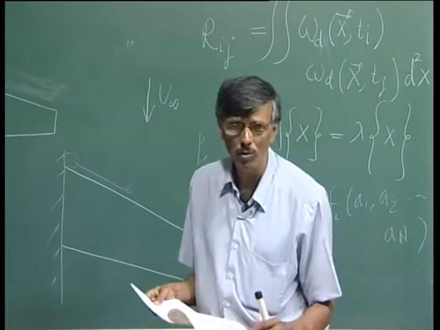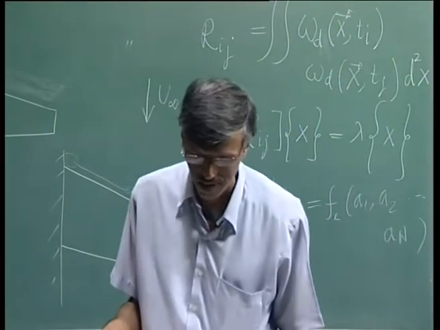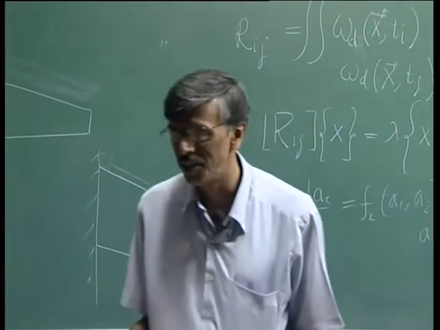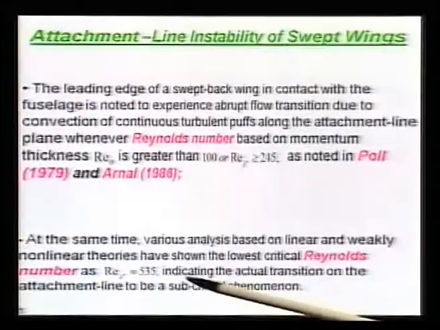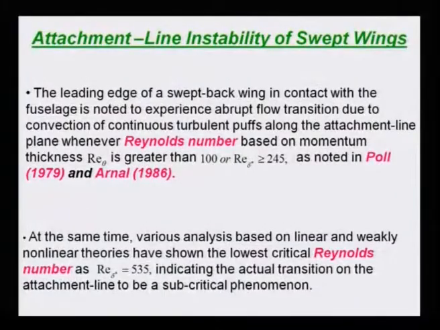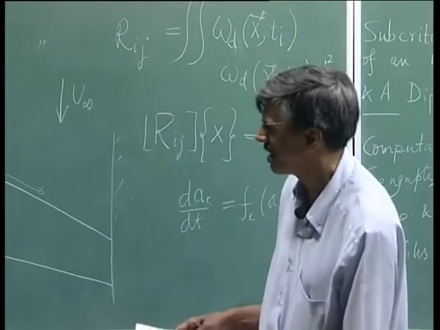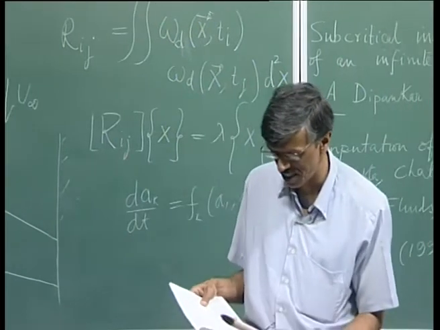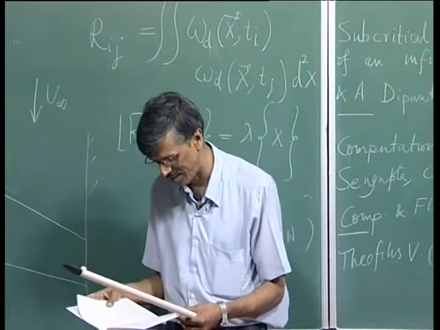So, we have a linear theory which tells us a critical Reynolds number of 583.1, and if we invoke a little bit of weak nonlinearity, we can bring it down to 535, but still it cannot explain the gap between 245 and 535. So, this was considered very much a mysterious affair.